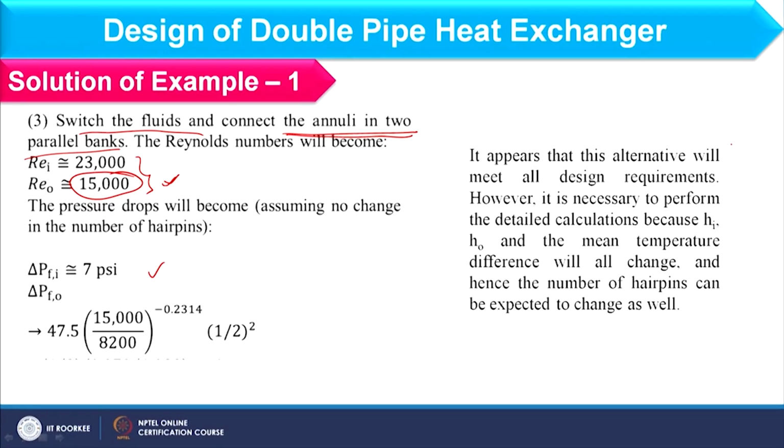So, it appears that this alternative will meet all design requirement. However, we have to carry out sufficient calculation to find out Hi and H naught further and mean temperature difference, because all configurations are changing, and we also have to see the effect of that on hairpin number. So, let us consider the another trial, which I am saying as second trial, because here I am revising all calculations for second time.